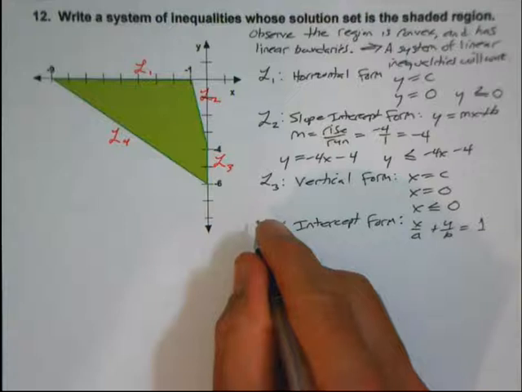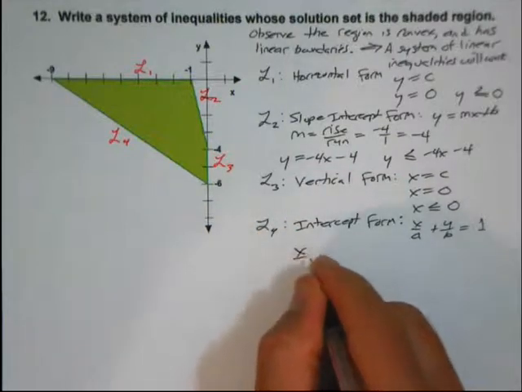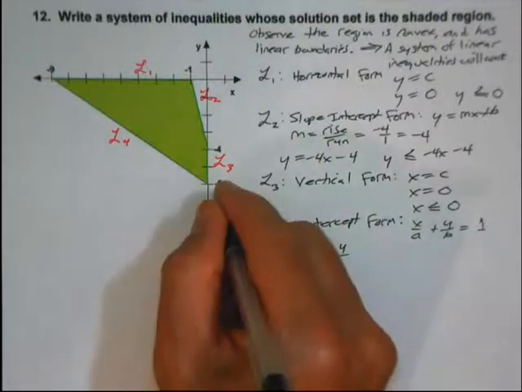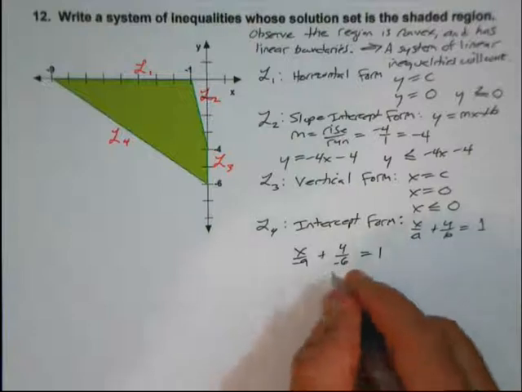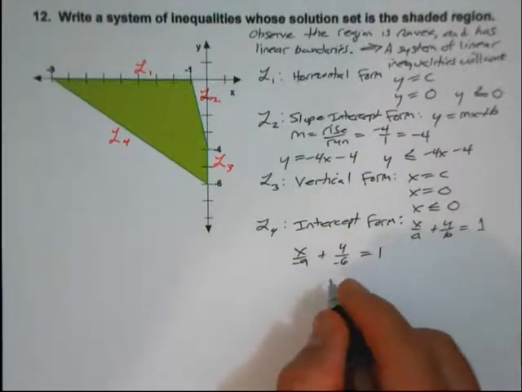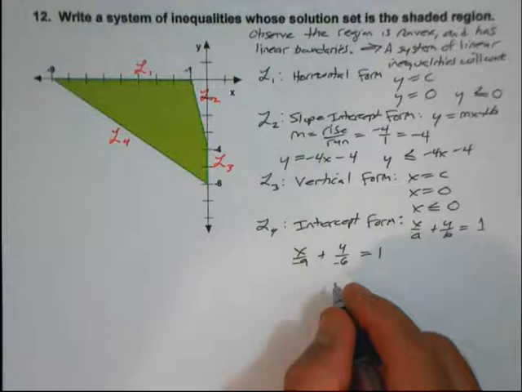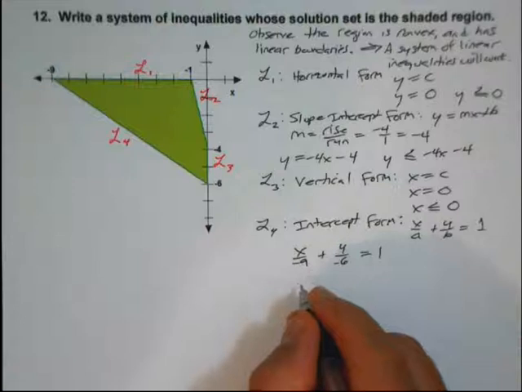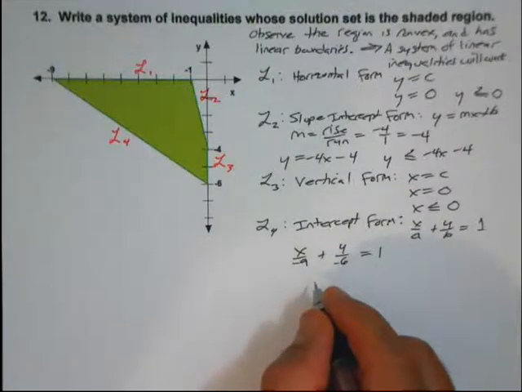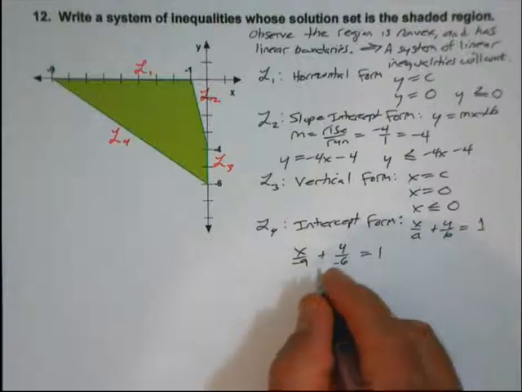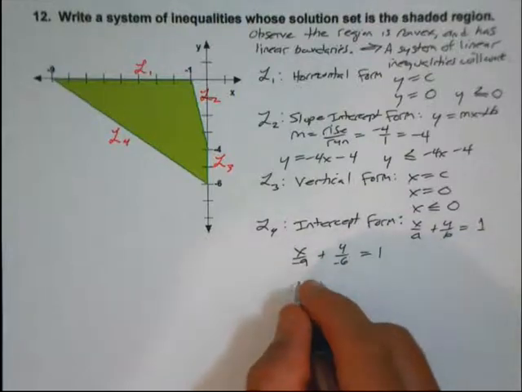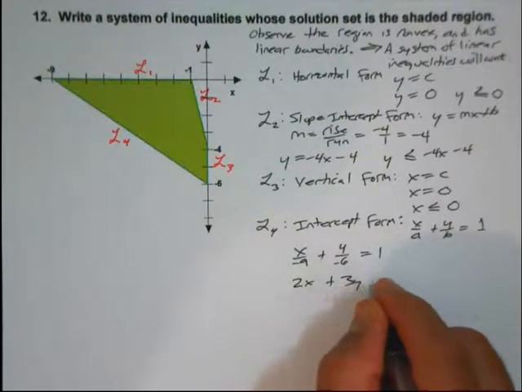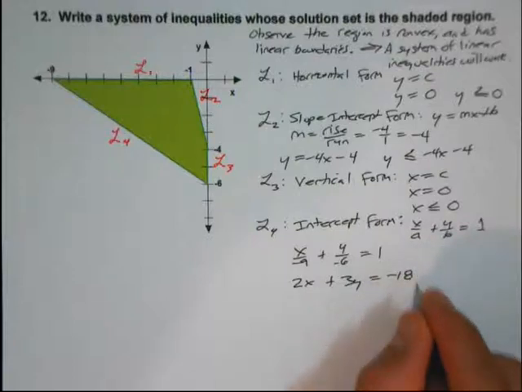Okay, so in this case we'd have x over negative 9 plus y over negative 6 equals 1. Now, maybe we don't want so many negative signs, and maybe we want to clear the fractions too, so we can multiply both sides by negative 18. That gives a cancellation and leaves us with positive 2x plus 3y equaling negative 18.